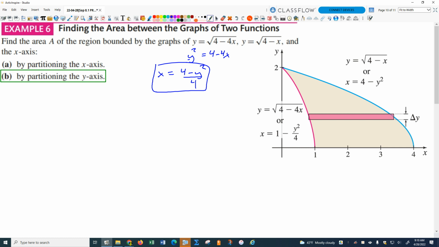Okay, and that's the blue one, so that worked out well. And then this other one, I do the same thing. If I square both sides, I get y squared equals 4 minus x. So x just equals 4 minus y squared.